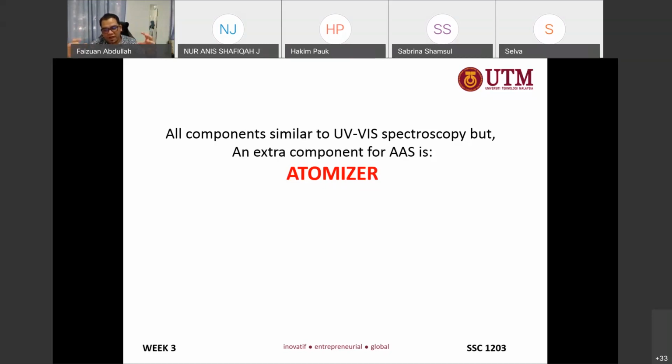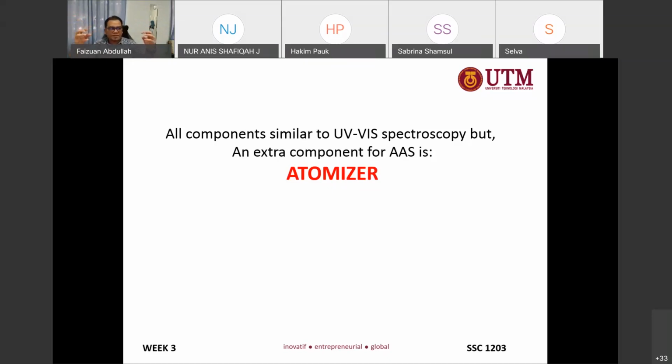So if there are iron atoms in the sample that is excited using flame and so on in the instrument, which we call the atomizer, we atomize the sample. And if there is iron, only the iron will absorb the energy that we supply from the light source, and the electron in the iron atom will be excited from the ground state to the excited state, a higher state.